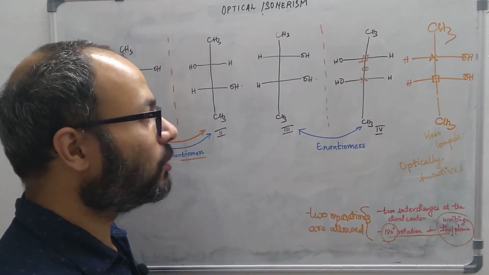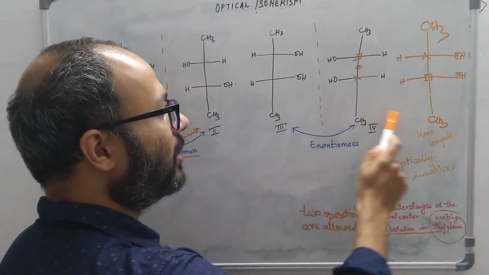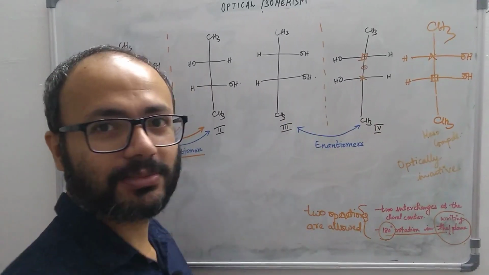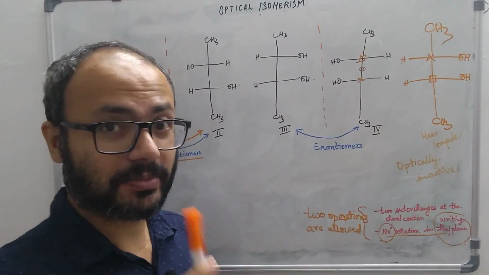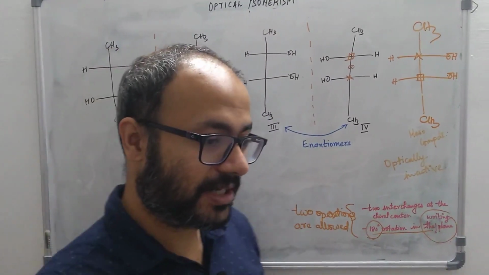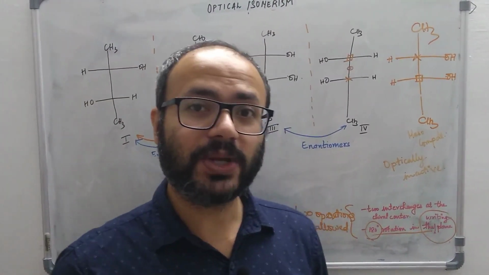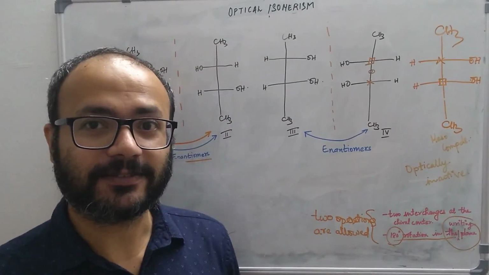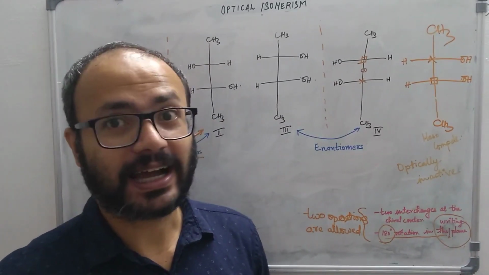Okay, so here what do you see? They are not non-superimposable. If you remember, when we studied the property of optical isomerism, I told you if a molecule needs to be optically active, it should show the property of chirality.